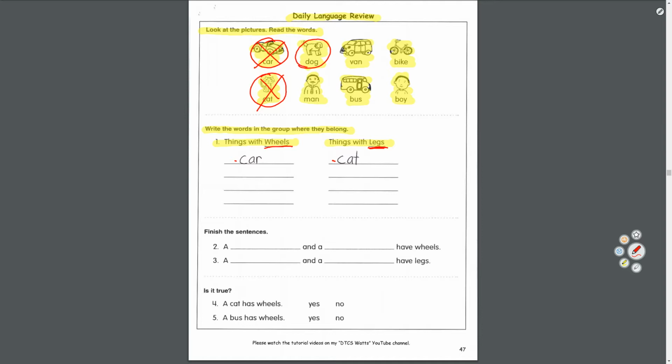A dog has legs, of course, not wheels. Dog. Cross it out. Next one, van. We can see we got wheels right there. Car, van. Cross it out. Next one, bike. Two wheels. Car, van, bike. Cross it out.